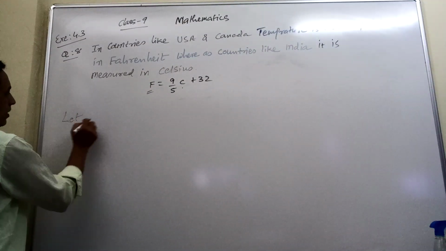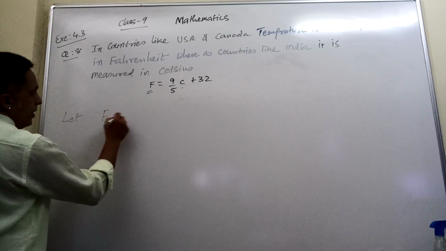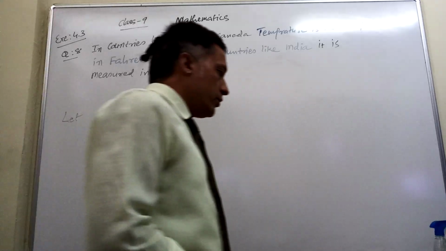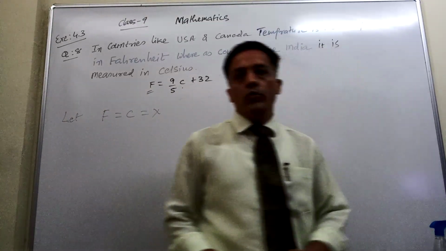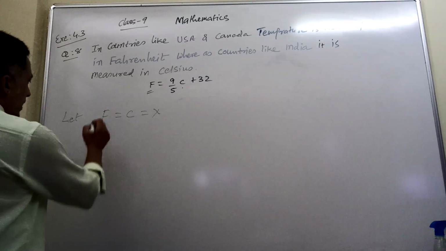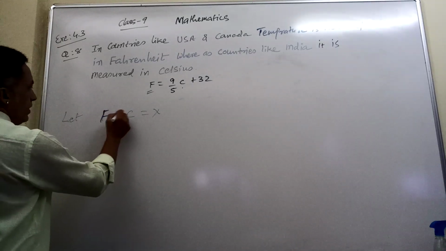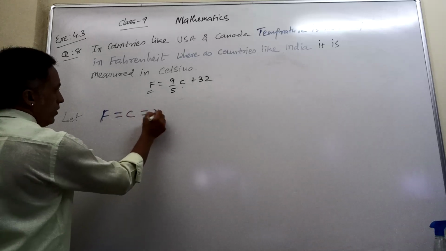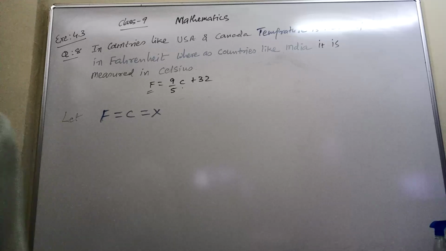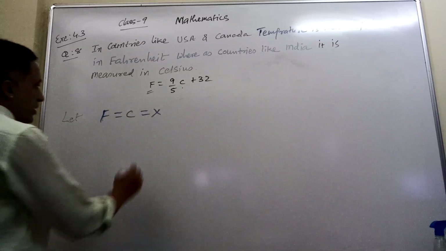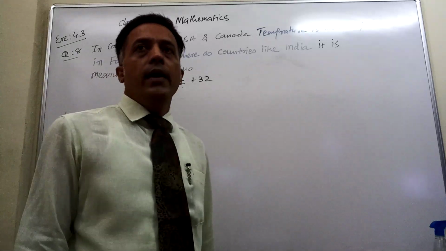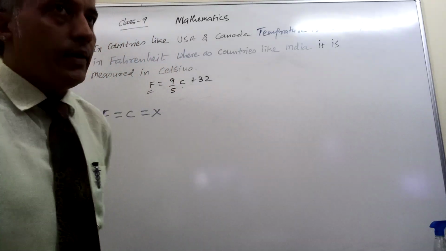Let Fahrenheit and Celsius be equal to X, any unknown value, because we don't know for which value Fahrenheit and Celsius both will be equal. So I am taking F is equal to C is equal to X. X is an unknown number for both, but X is a particular value for Celsius and a particular value for Fahrenheit.